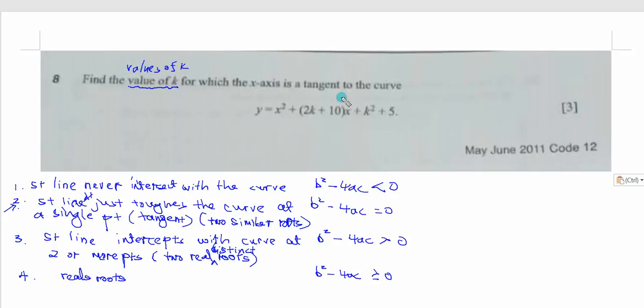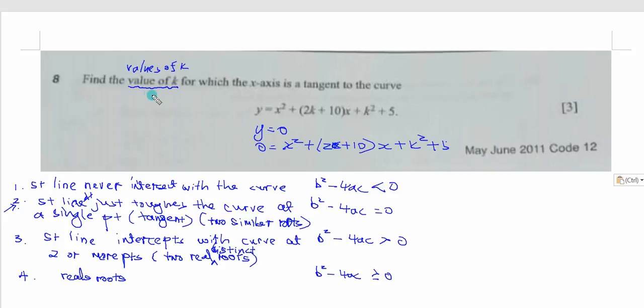Okay? Now let's come back to this. This is the curve, the function, the equation for the curve. Now, what is the equation for the x-axis? The x-axis basically is y equal to 0. So what you do is put the y here equal to 0. So you get 0 equal to x squared plus 2k plus 10 x plus k squared plus 5.